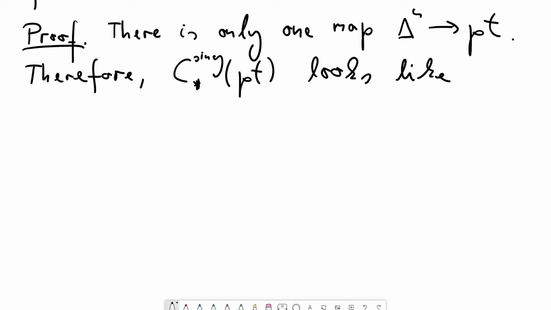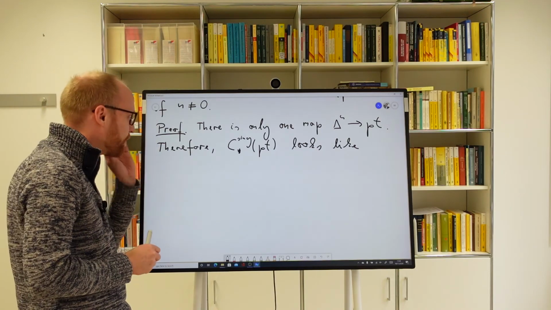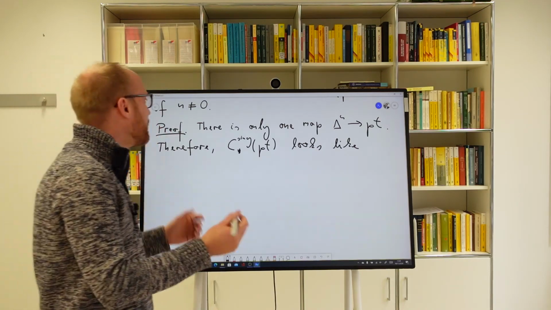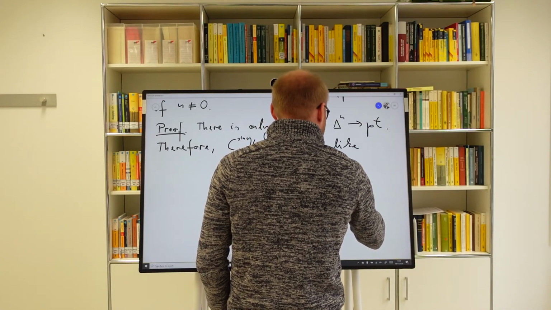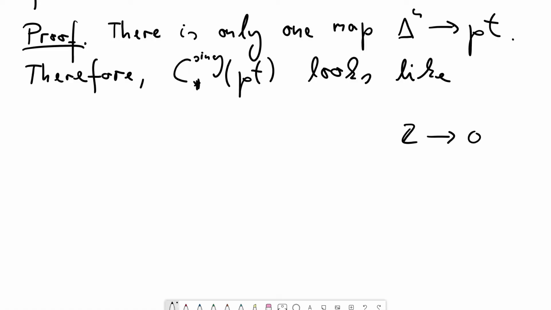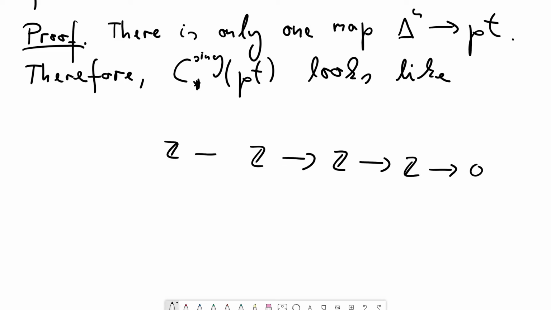So there's only one basis element, which means the singular chain complex just consists of copies of Z. We've got Z in degree 0, a Z in degree 1, a Z in degree 2, a Z in degree 3, a Z in degree 4, and so on.